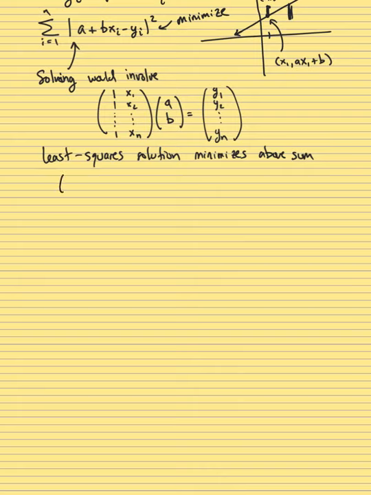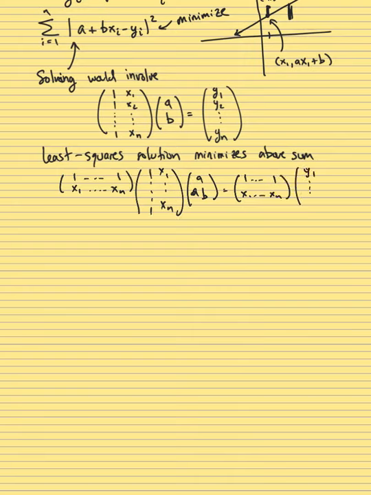So the normal equation now is the matrix with rows 1 x1 up through 1 xn, transposed, times the matrix, times AB, is equal to that transposed matrix times y1 up through yn. This is something that's easy to solve. If you go online, people have multiplied these matrices together and figured out what the slope and what the y-intercept should be.